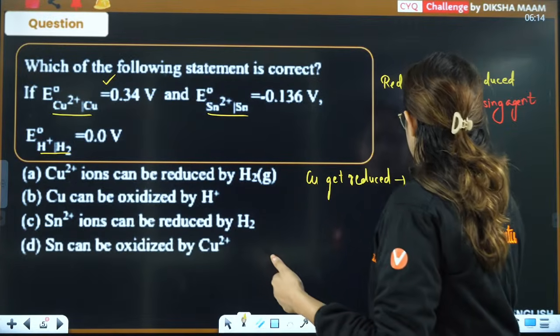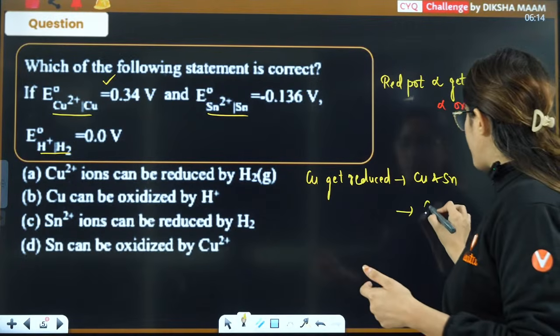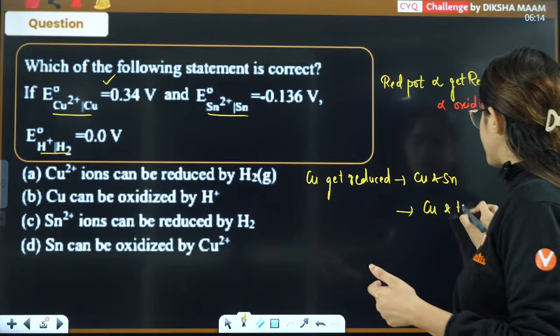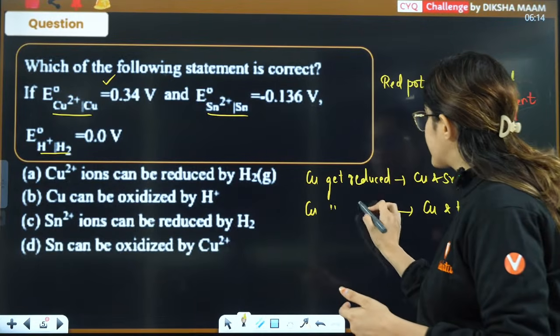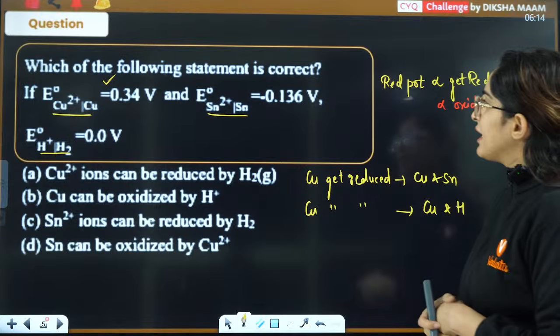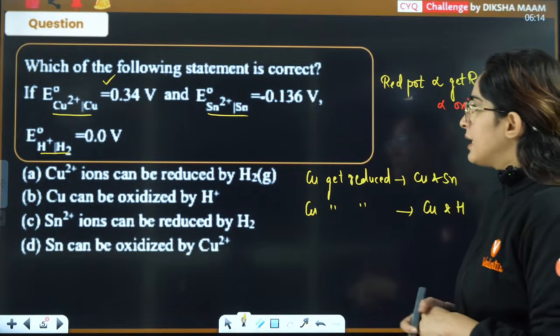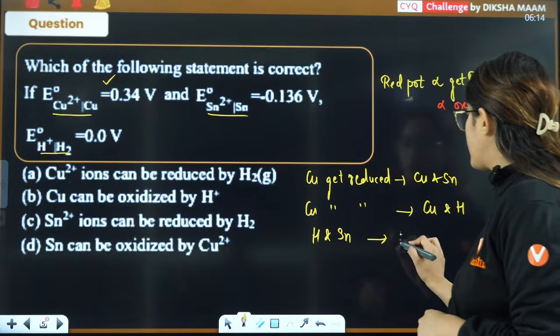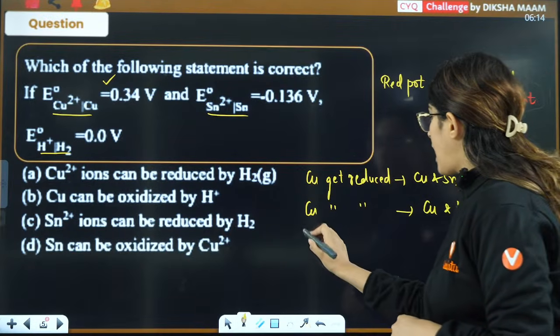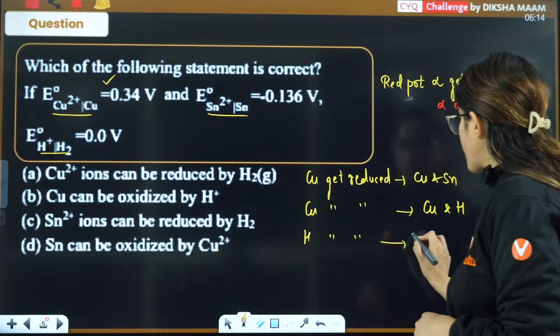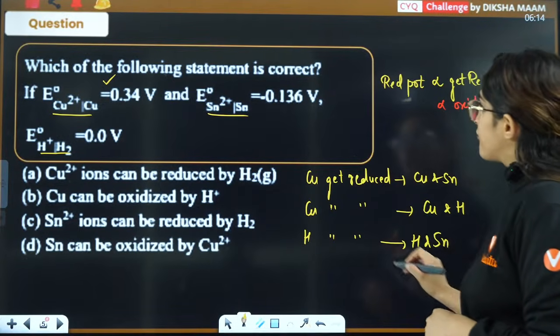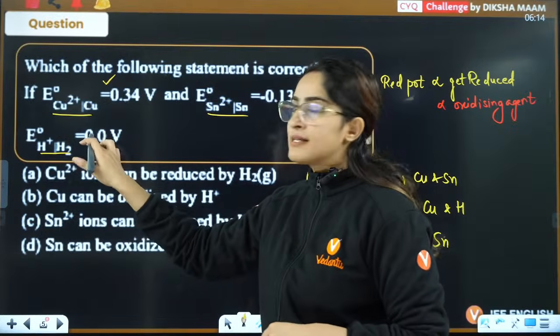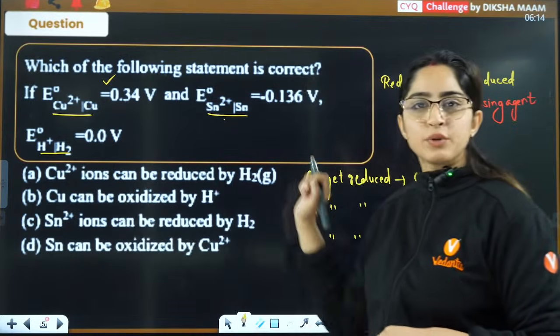When you compare copper and hydrogen, then also Cu gets reduced, right? If you talk about hydrogen and tin, then hydrogen will get reduced. Why? Because in case of hydrogen and tin, this has a larger value as compared to this.